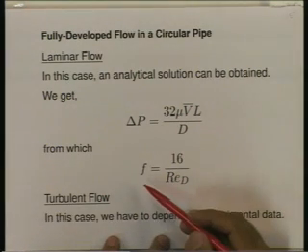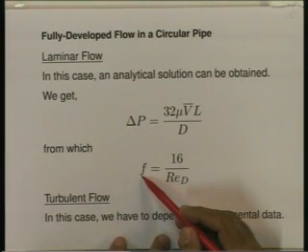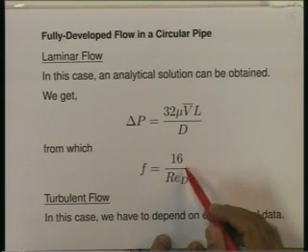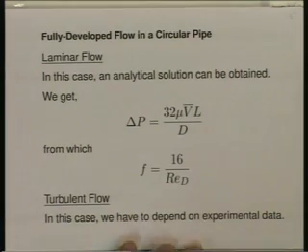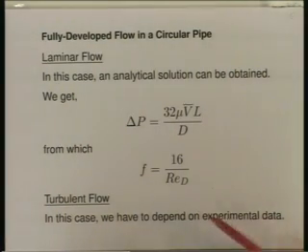And if we use the definition of the friction factor, we will notice that it is related only to the Reynolds number by this simple relation, 16 divided by the Reynolds number. Re subscript D indicates that the Reynolds number is based on the diameter.